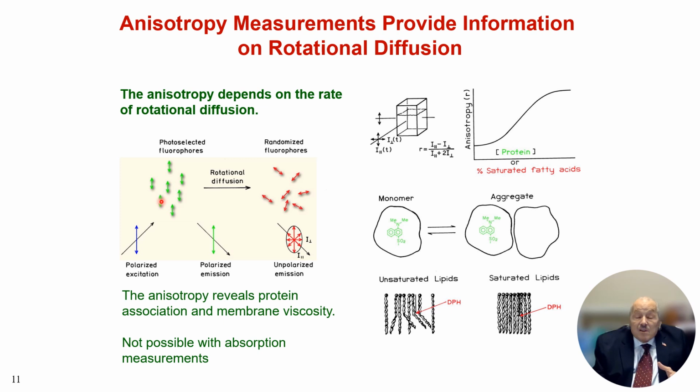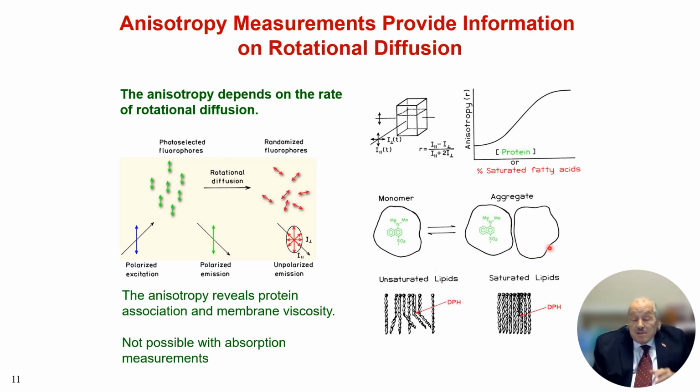If the solution is frozen, what you can do with things like glycol water mixtures, freeze it, it turns into a solid glass. Fluorophores don't move. The emission is polarized because the fluorophores have not been able to rotate during the lifetime of the excited state. The other types of experiments that are very frequently done are protein binding experiments, one protein binding to another.